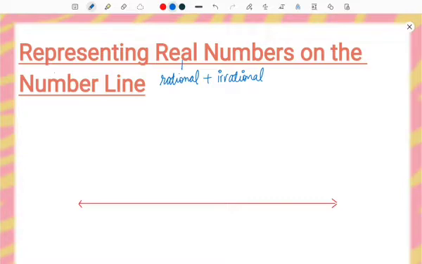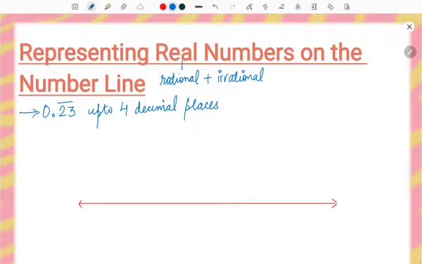So let's move forward. If I have to represent, for example, 0.23 with a bar, up to 4 decimal places, I have to represent this number on the number line.